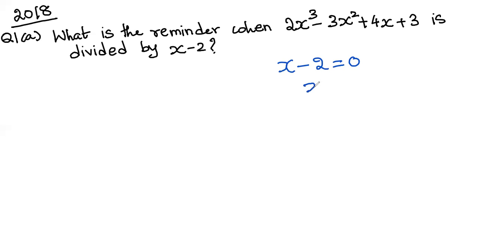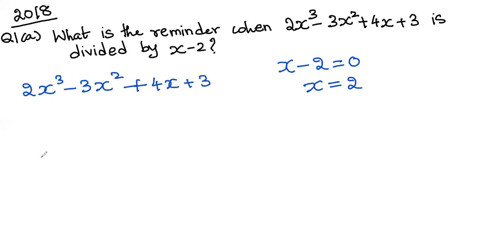So over here, we have x equal to 2. We have to consider the function given to us, 2x cubed minus 3x squared plus 4x plus 3, and substitute x in place of this.